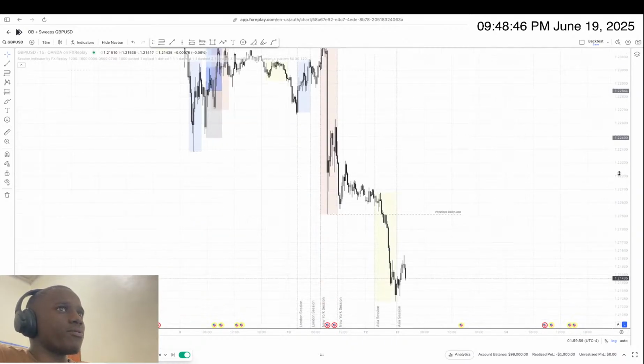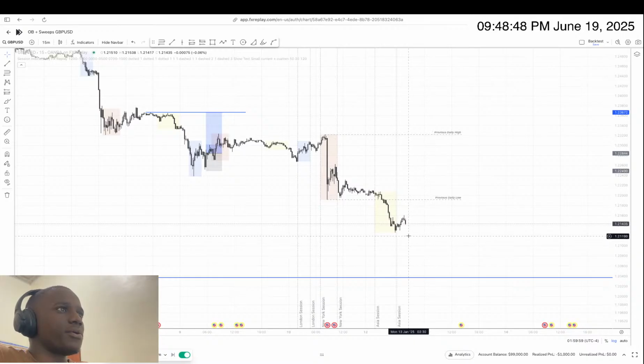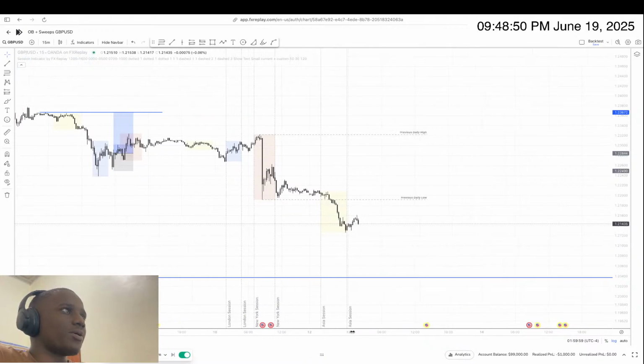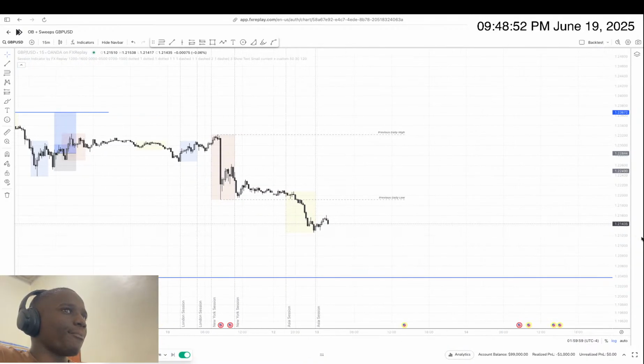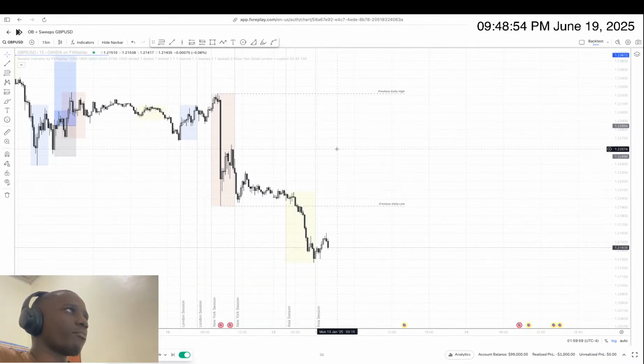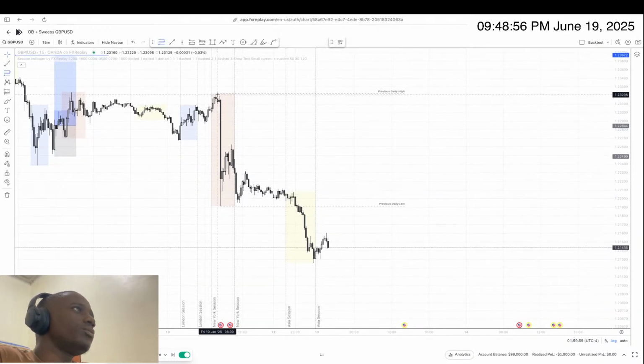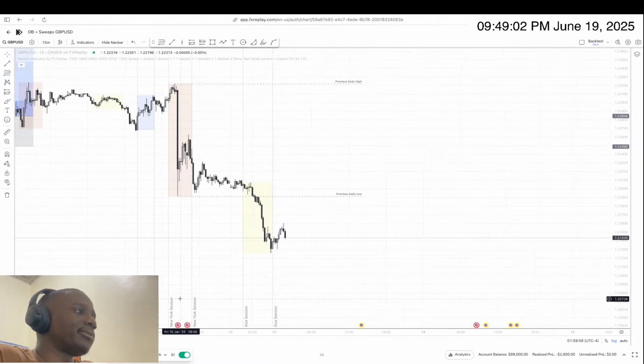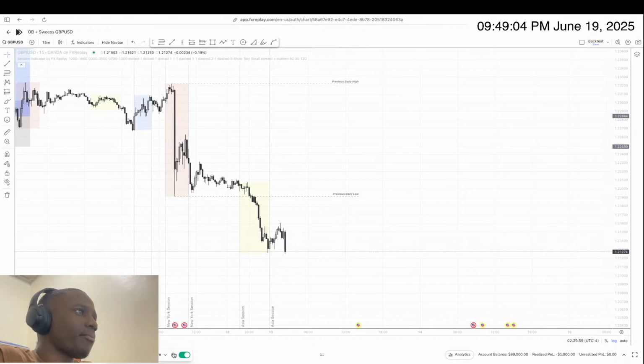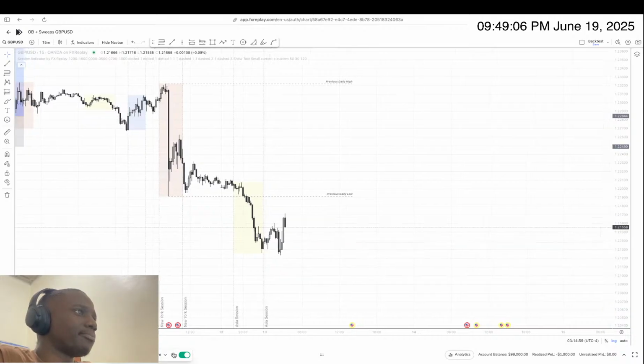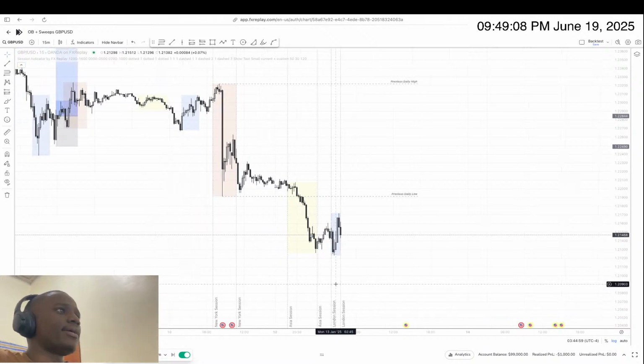So the next day opens lower, and I can see that we're almost near to our target. Did we reach the midpoint there? Nope. Anyways, let's see what happens here. All right.